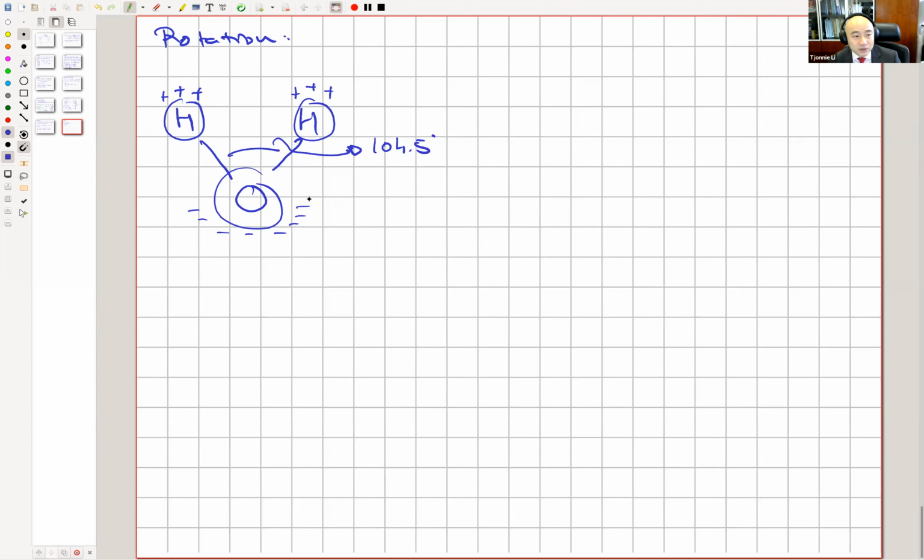That actually explains why water is such a good solvent, right? Because the water molecule can rotate, either the positive side or the negative side, to compensate.